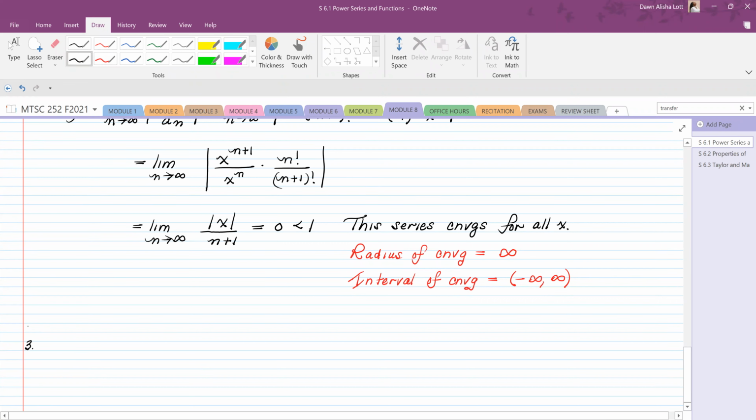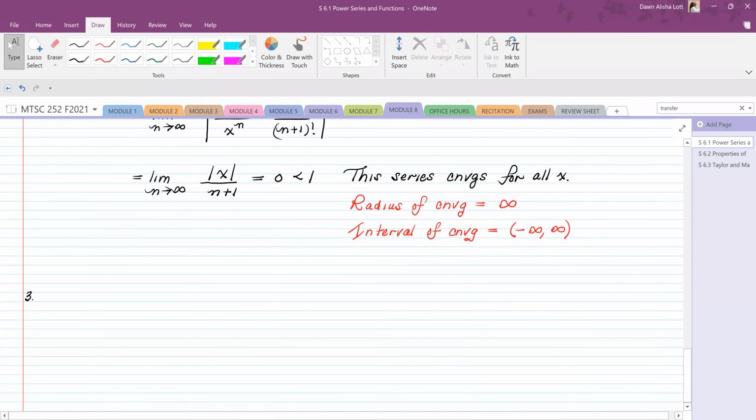Okay, I want to do a different power series. The power series I want to do is the sum n equals 0 to infinity of, let me just stop back first. I'm going to let c_n be minus 1/2 to the n. And I'm going to let x naught be 3.